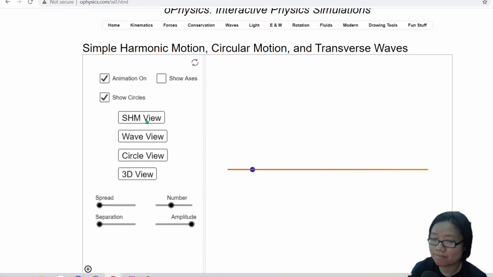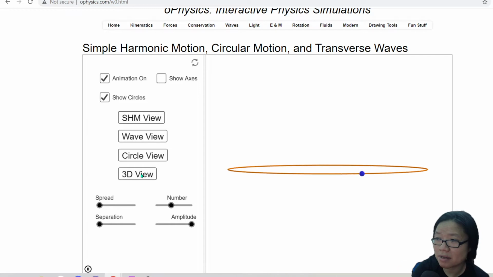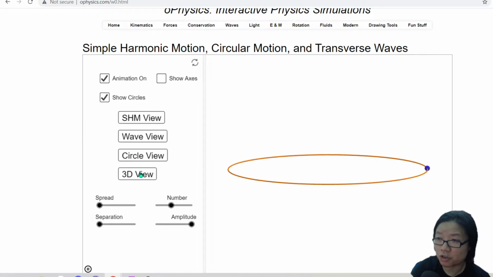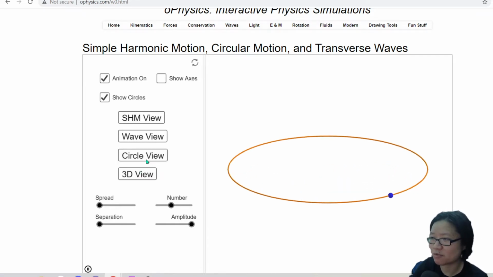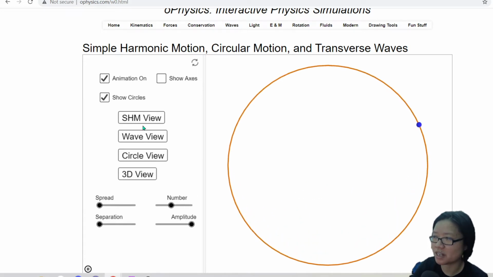See? It's oscillating left, it's oscillating right, but in the 3D plane, it could be moving in a circle, or it could be oscillating left and right. So this is the circle view. And sometimes if you look from the top, you definitely get to see the object that is traveling in a circle. But teacher, why got wave view one?